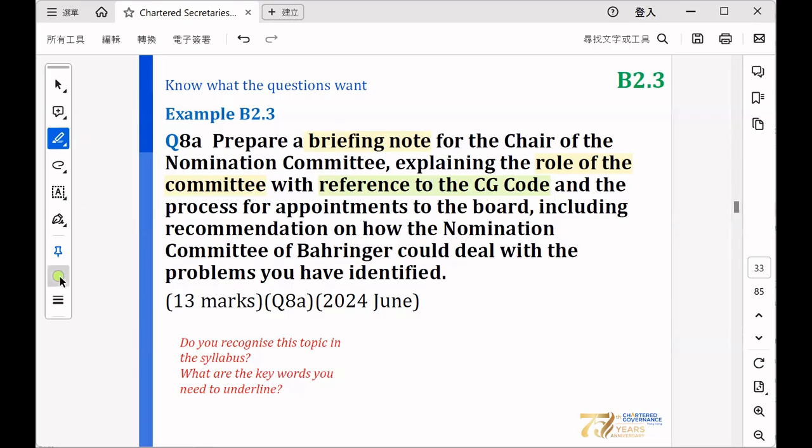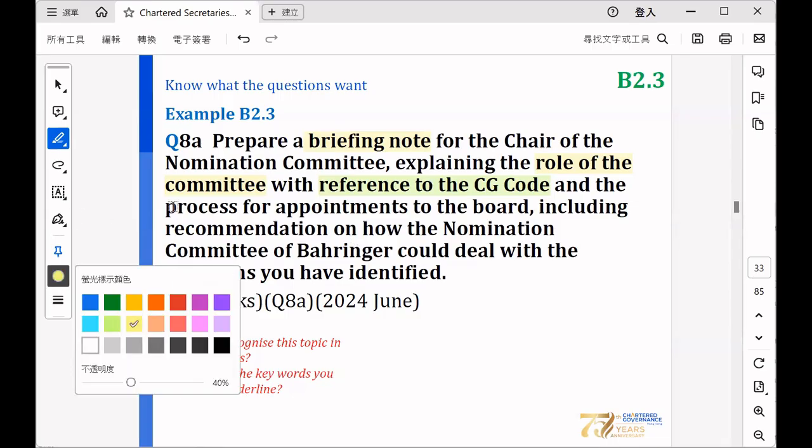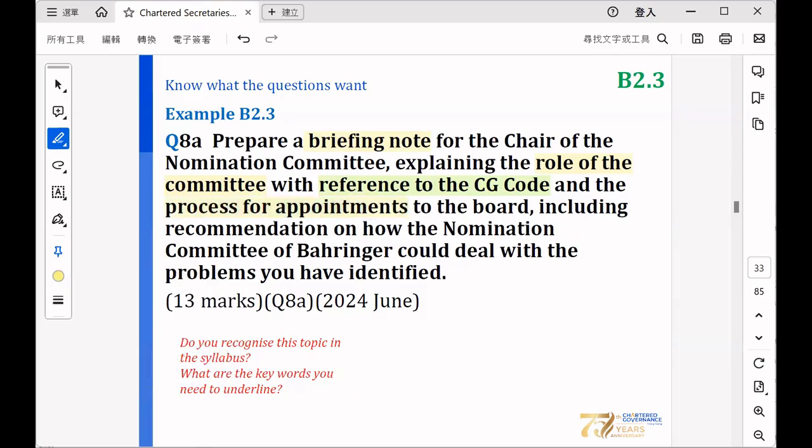Then you can see that the question also asks you about the process for the appointment to the board. Again, this is a very commonly asked question: how to appoint a director. That is very straightforward for this type of question.